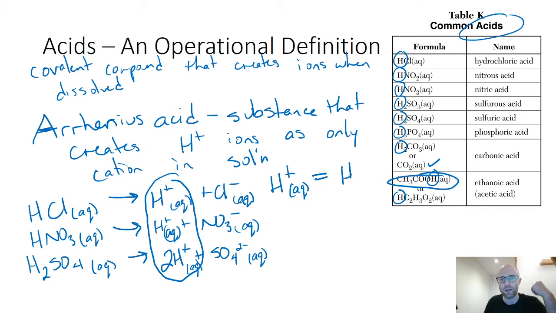It exists more as attached to a water, and this is what we call hydronium. So another way to word this is that an Arrhenius acid is a substance that creates hydronium ions as the only cation in solution. Simple enough definition is that when you dissolve it, you get H+, and you don't get any other plus, or you get H3O+, and you don't get any other plus.